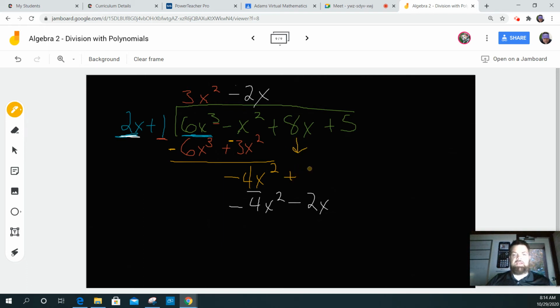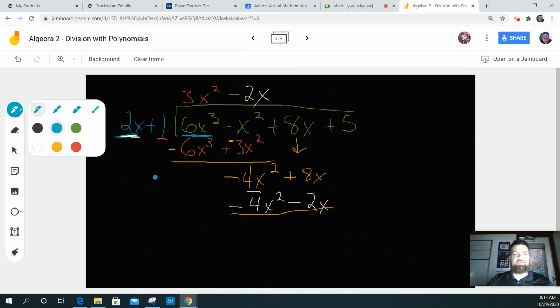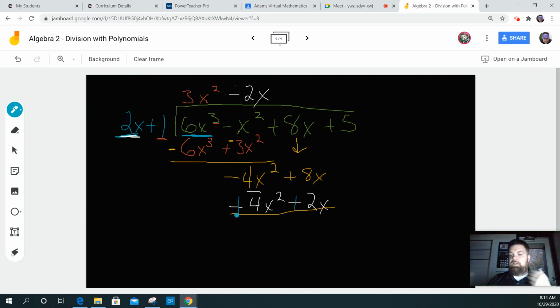So I bring down the positive 8x, and then I just subtract these two. But now when I minus a minus, this becomes plus and this becomes plus, because when you minus a minus, it's the same as adding. And that's what happens. So this cancels and goes to 0, and then 8x plus 2x is actually 10x.